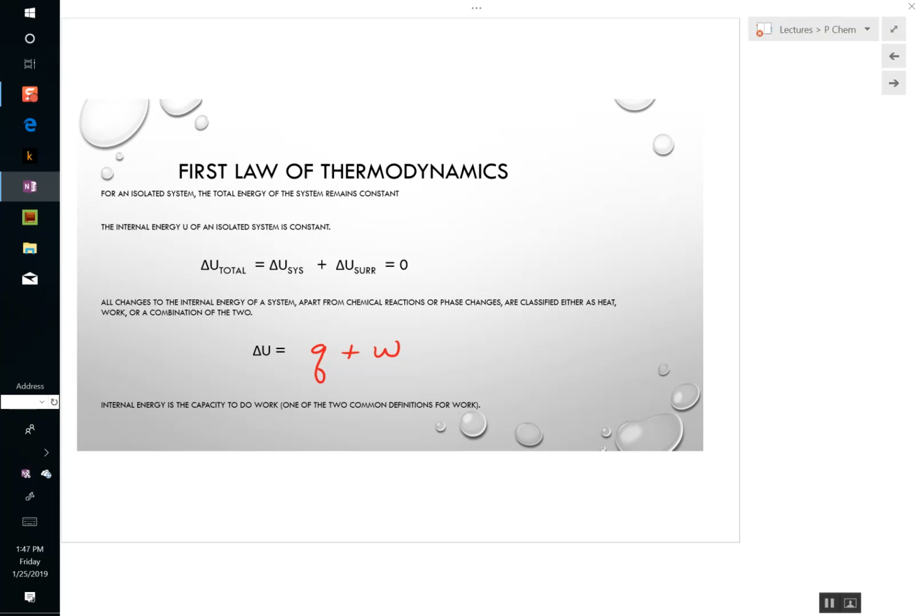Even though internal energy is the more fundamental property, enthalpy is the easier one to get a handle on. They're not equivalent to internal energy, but they're related to that. So be reading about it and wrapping your mind around it. What are these four things? Internal energy, enthalpy, heat, work.